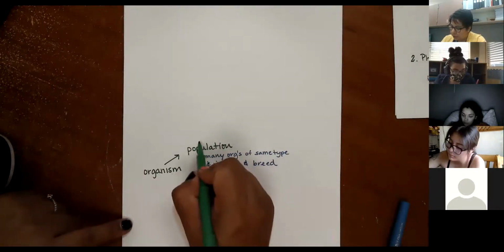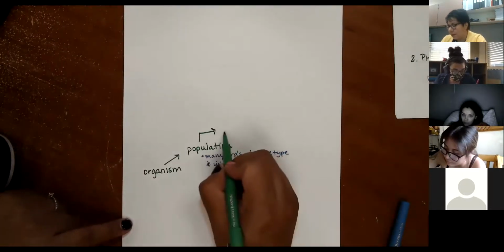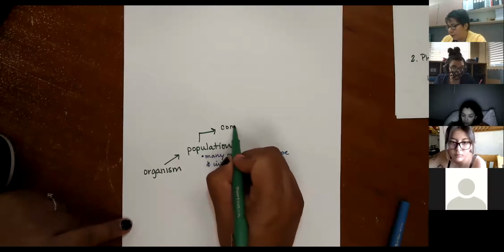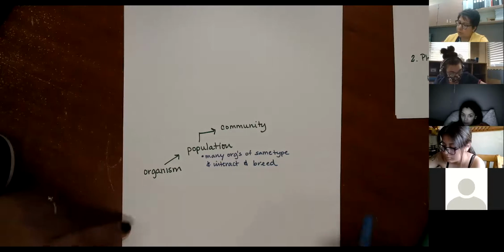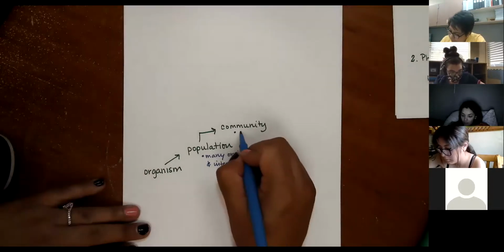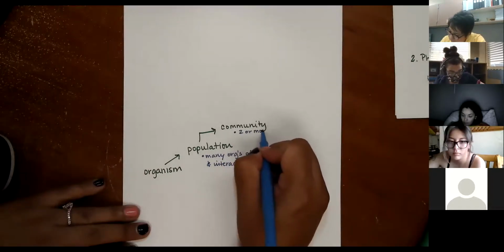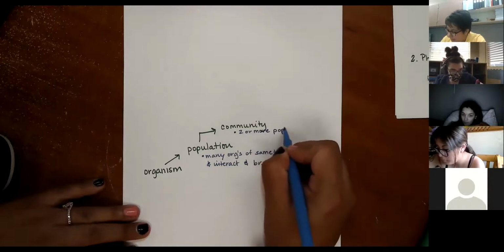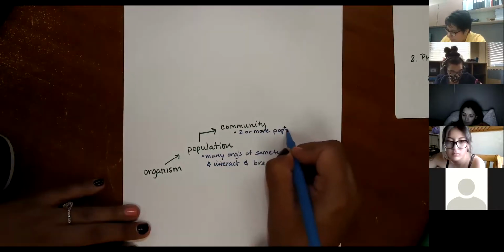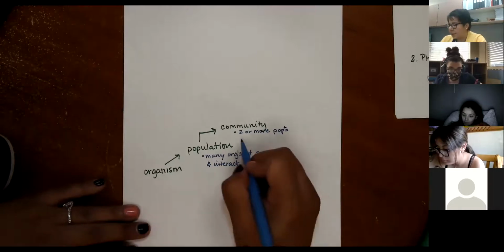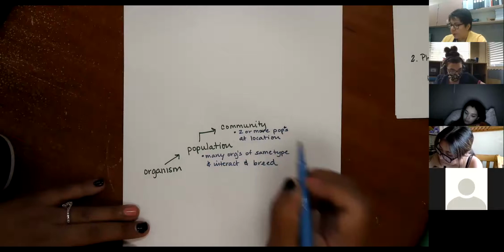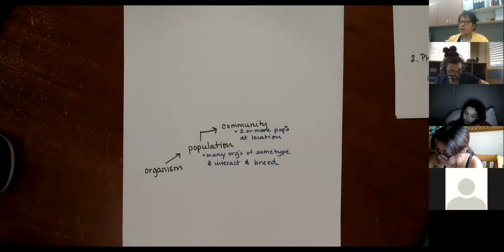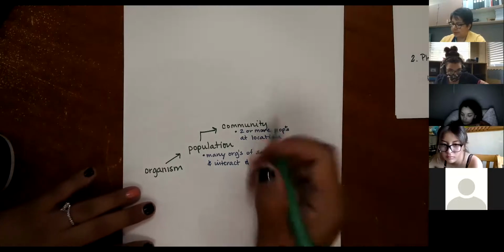If you have two or more of these, then you are called a community. So two or more populations, and they've got to be at a particular location. So you've got a group of birds and a group of turtles out at Bottomless Lakes.